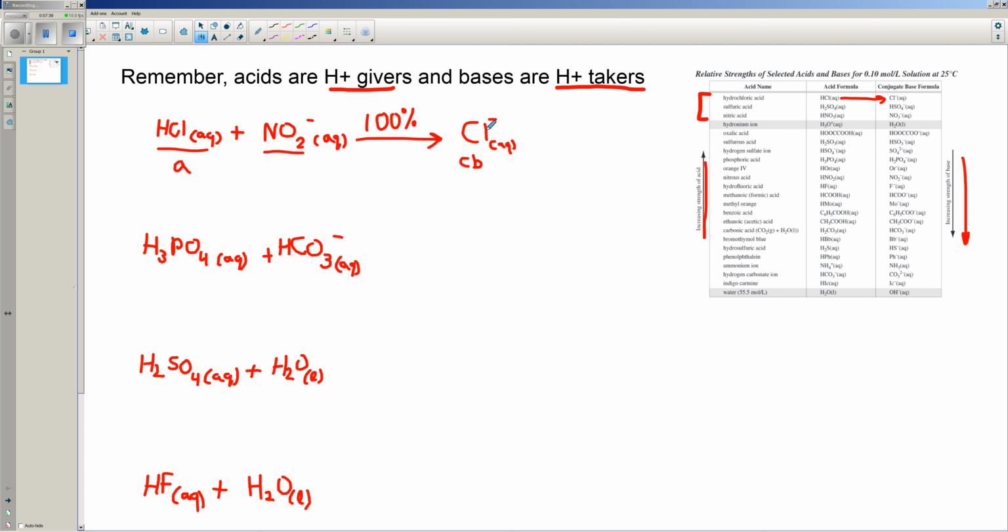That's what's left. And the next thing to think about is, okay, where did that hydrogen go? Well, also quite simply, here's our NO2 minus. When it picks up a hydrogen, it becomes HNO2, and that is also going to be aqueous. NO2 minus was our base, so I'm going to mark it with the B, and after it takes the H from HCl, it is now our conjugate acid.